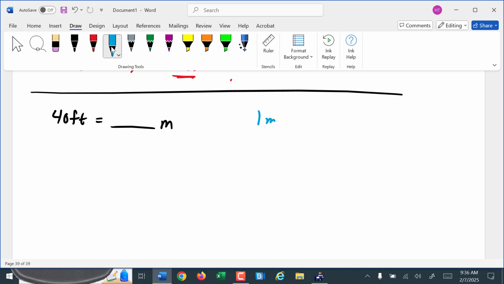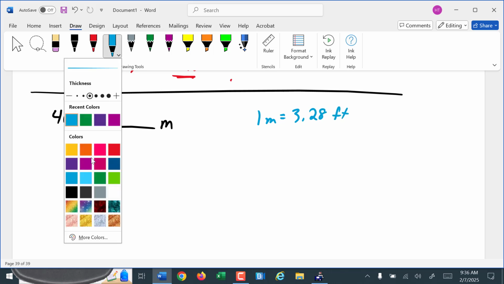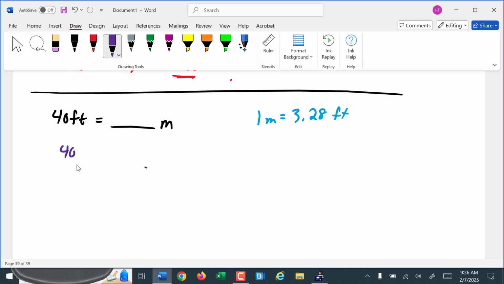You might find that 1 meter equals 3.28 feet. So then you start out, take your 40 feet, put it over 1, and then what's going to go in our conversion factor? I always start with what goes on bottom. 3.28 feet on bottom. You got it.